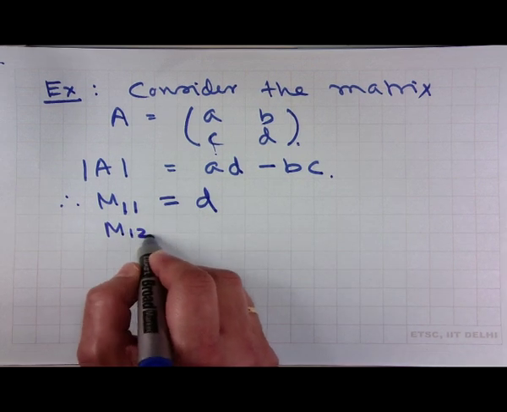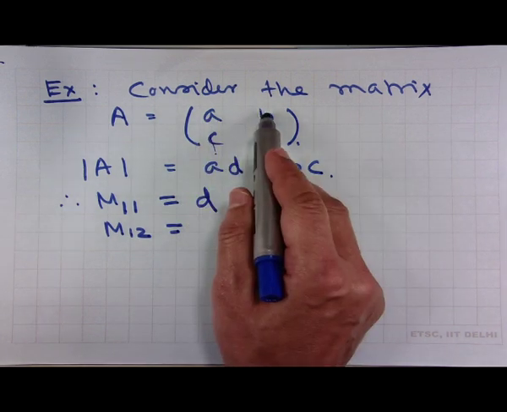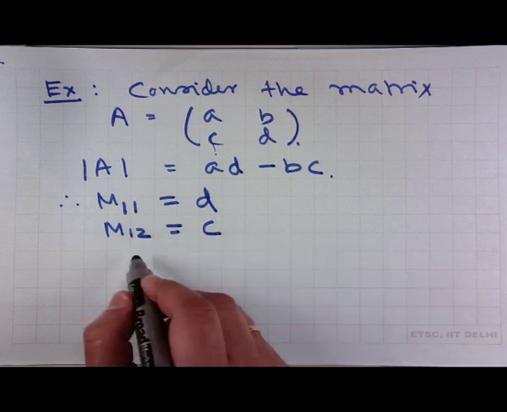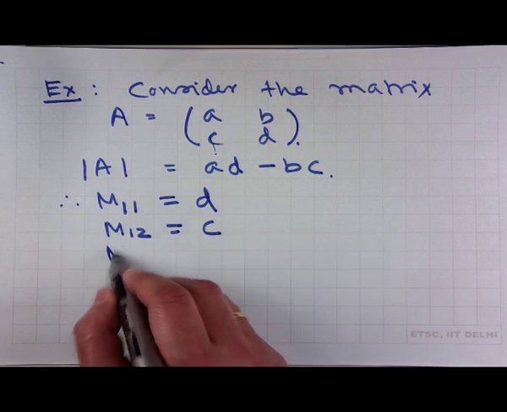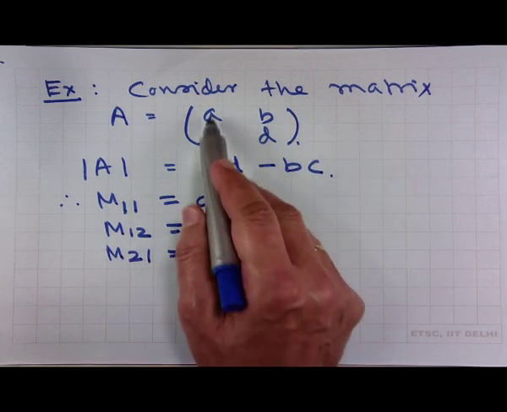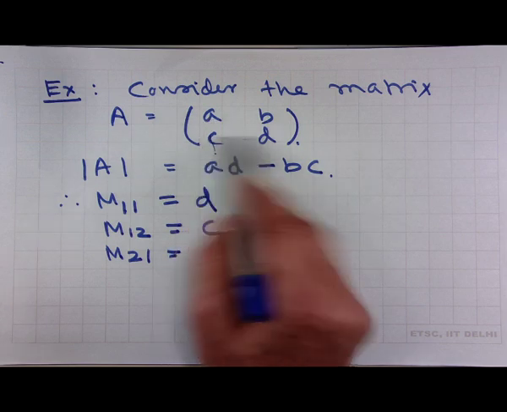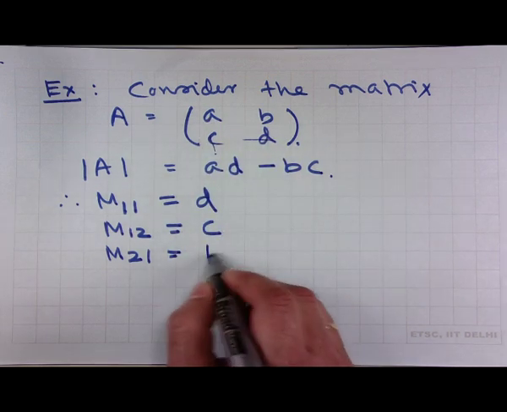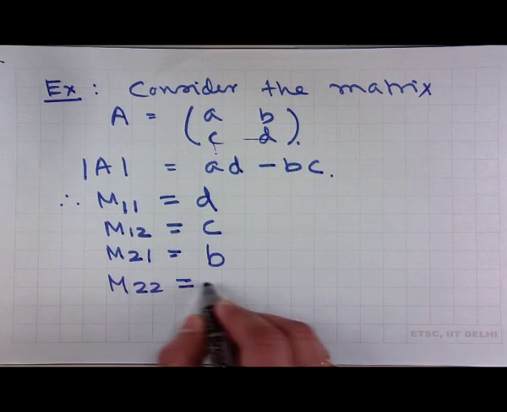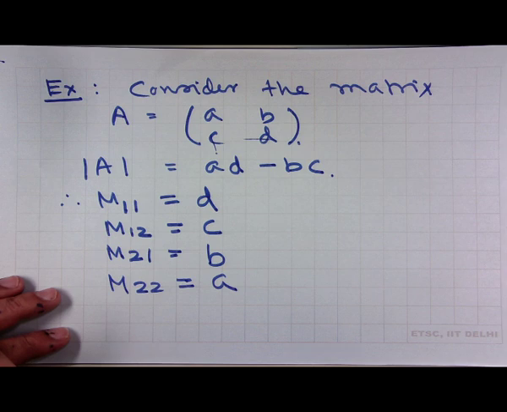M12 is the determinant after deleting first row and second column, is equal to c. M21 is the determinant after deleting column 1 and row 2, is equal to b, and M22 in a similar way is equal to a.